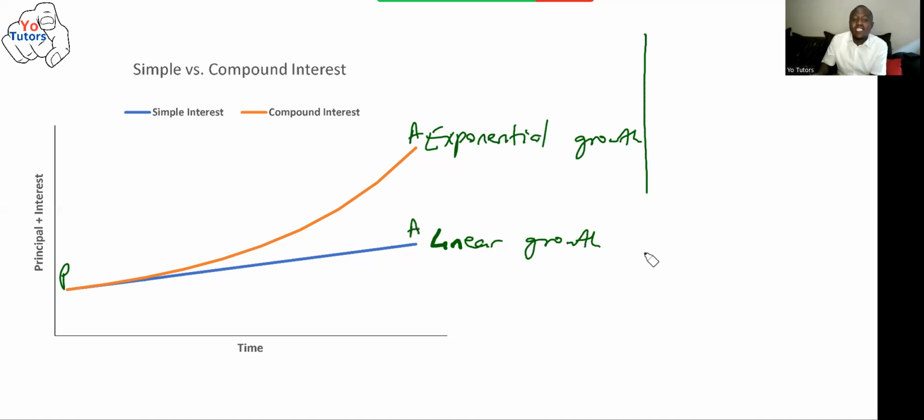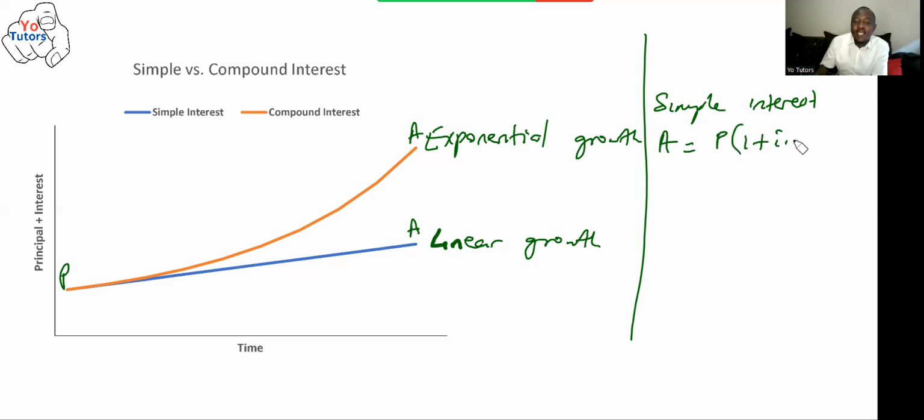But now let's understand how we calculate simple interest and compound interest. When it comes to simple interest, we have A = P(1 + in). What is this A?